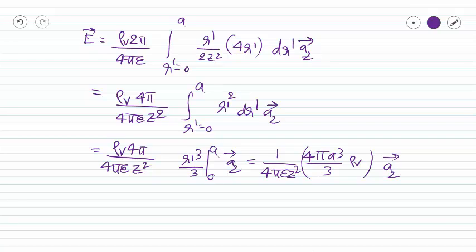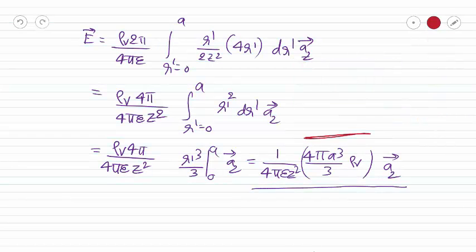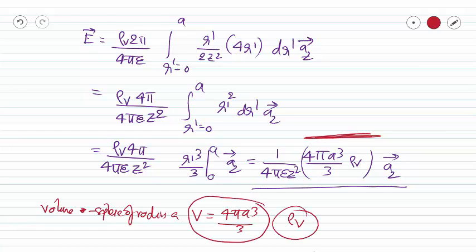Okay, right? So this is the answer we got finally. If you look at this term inside brackets, given is a volume which is nothing but a sphere of radius a. So what is its volume? 4 pi a cube by 3, and this volume of the sphere is multiplied by rho v, the volume charge density.